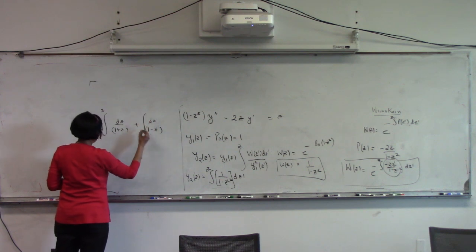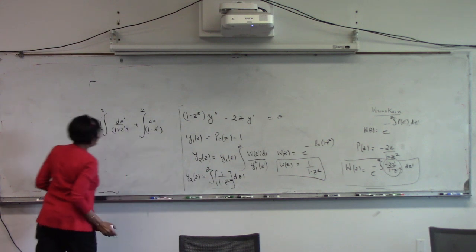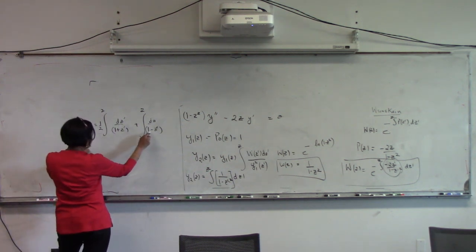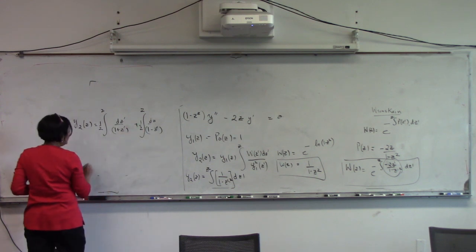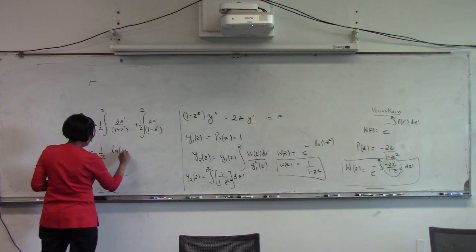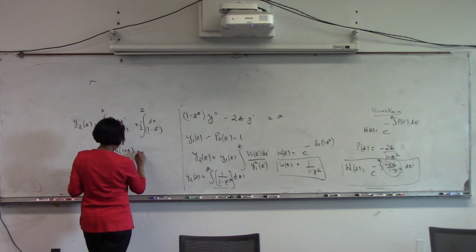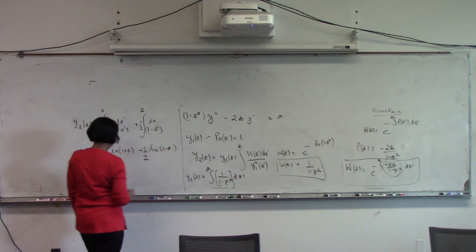I can separate that into two terms like this. I just did the partial fractions of 1 minus z squared. So it's 1 minus z, plus half has to be here also. Natural log of 1 plus z, and here I will have negative natural log of half 1 minus z.